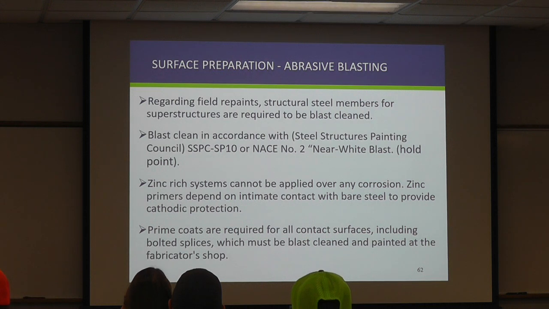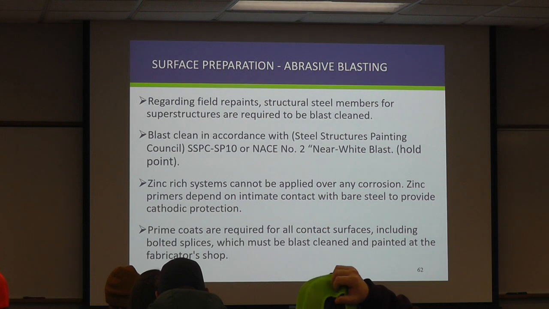So for field repaints, structural steel has to be blast cleaned. You're not going to be able to get away with any sort of solvent cleaning because generally the reason you're repainting them is because they've started to rot out on you. So we blast according to SSPC-SP 10 or NACE No. 2, which is also known as a near white blast.